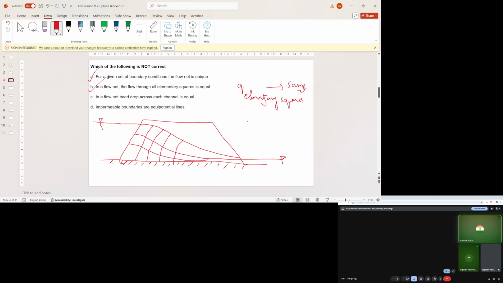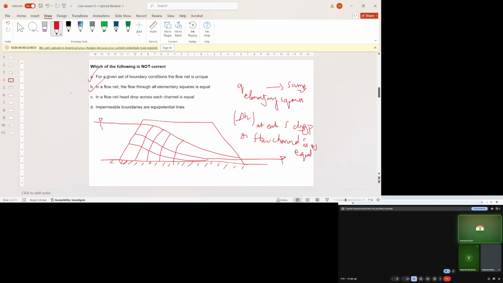And in each flow channel, the total head loss is being equally divided into the number of flow channels, such that the delta H at each drop or flow channel is equal.